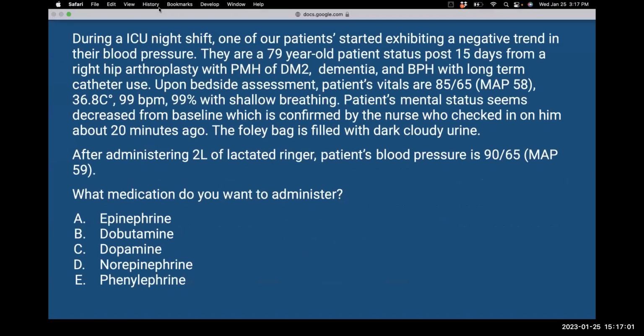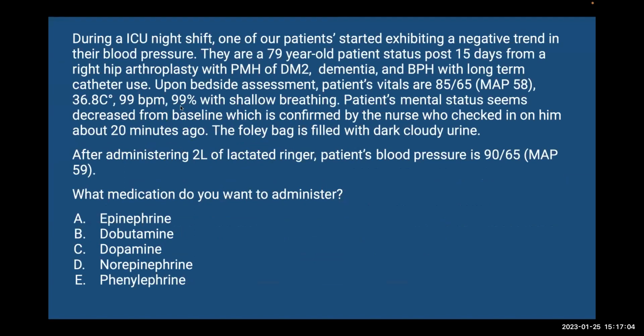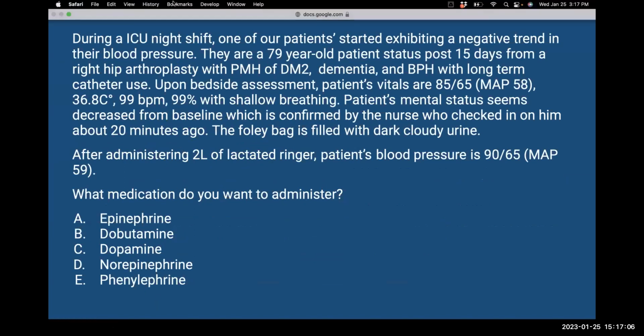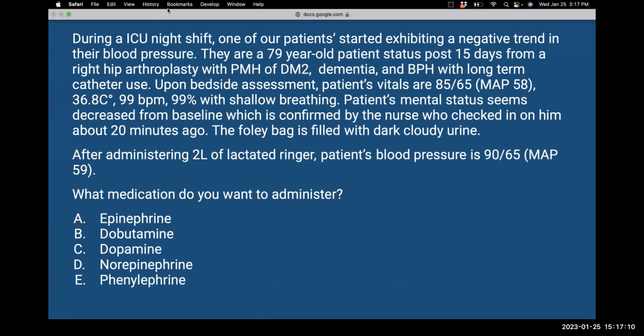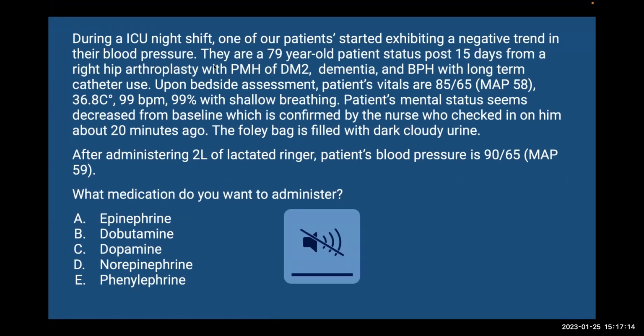So starting off, who would want to read the first case for me? Oh, thank you. During an ICU night shift, one of our patients started exhibiting a negative trend in their blood pressure. They are a 79-year-old patient, status post 15 days from a right hip arthroplasty with past medical history of type 2 diabetes, dementia, and BPH with long-term catheter use.